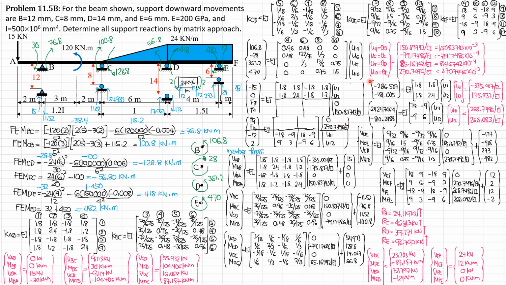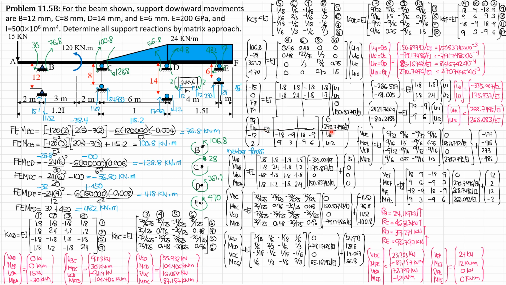U10 is theta E, 270.7496 over EI. Then you have U11, U12, which corresponds to delta F and theta F. So when we expand, negative 12, 2 equals this 2 by 2 matrix times that, then this 2 by 2 matrix times this. So negative 12 equals negative 18 times 0, then negative 9 times 270.7496 over EI.